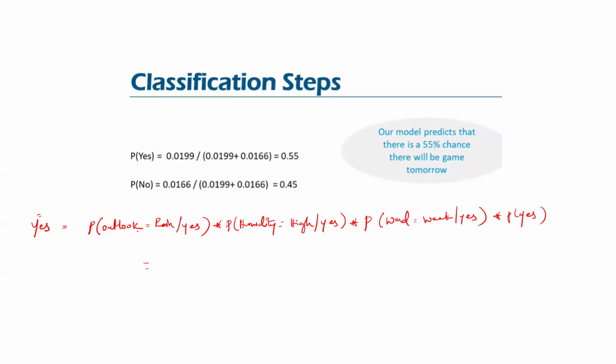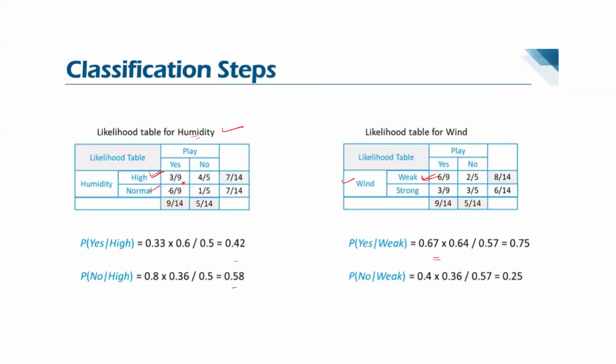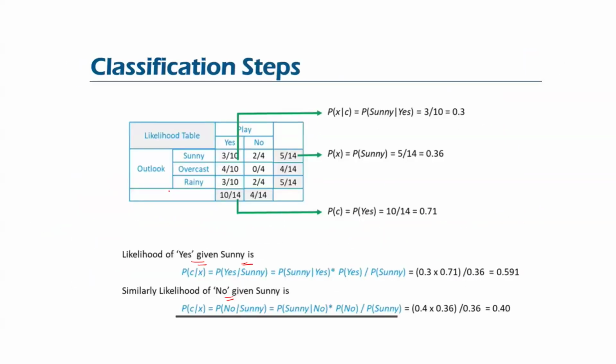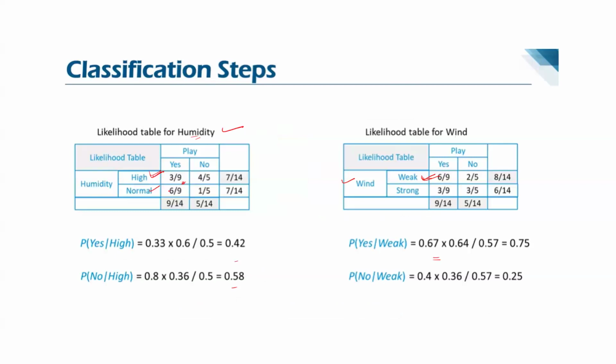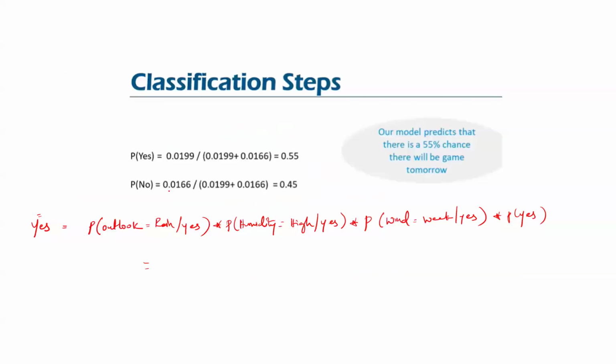We already know all these values from the frequency table and the likelihood tables of outlook, humidity and wind. Just substitute all these values into this.